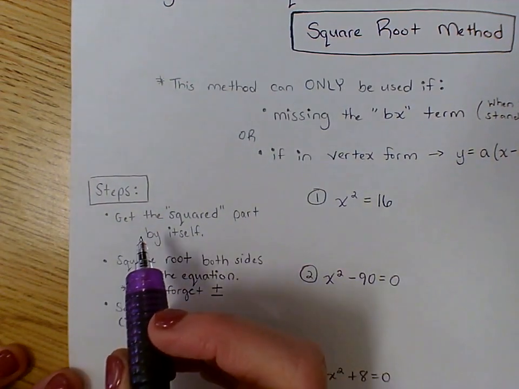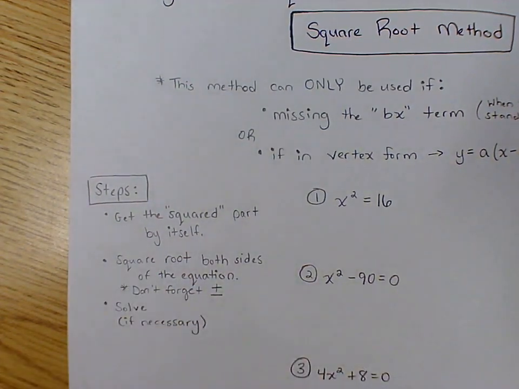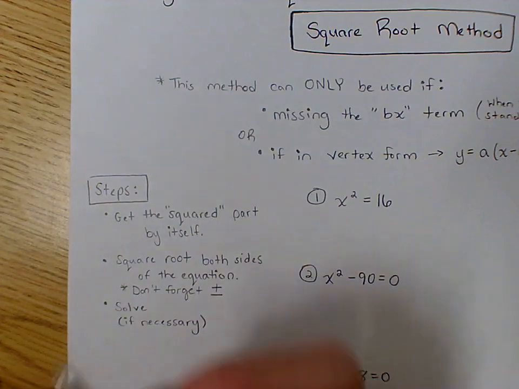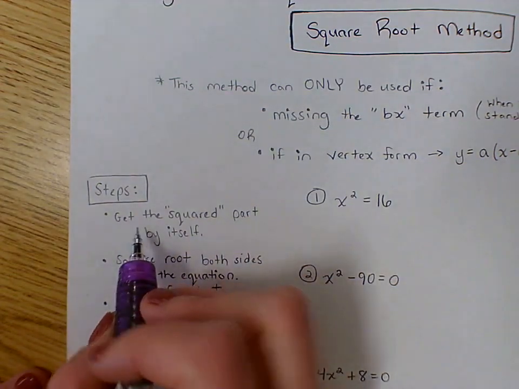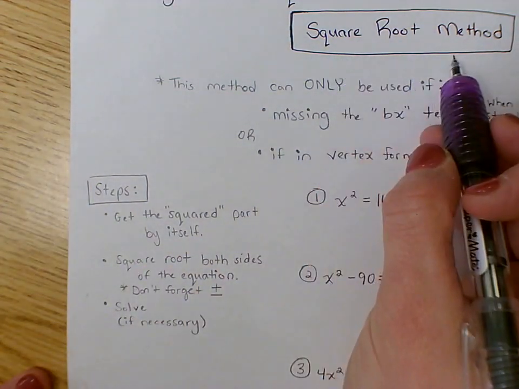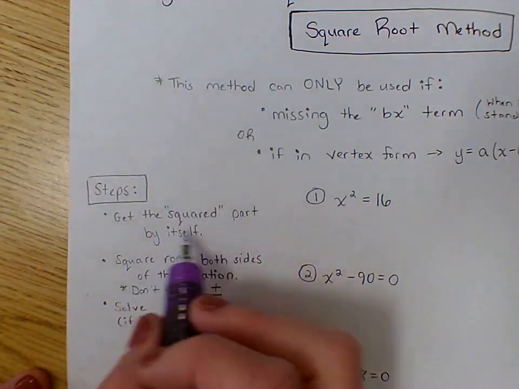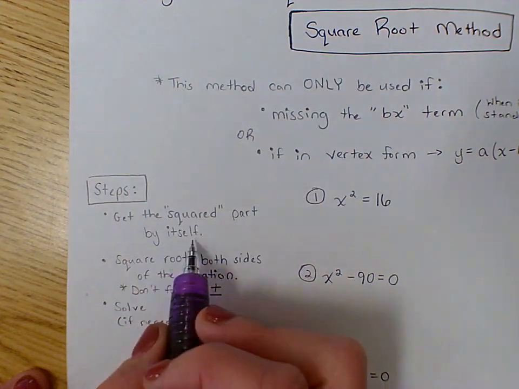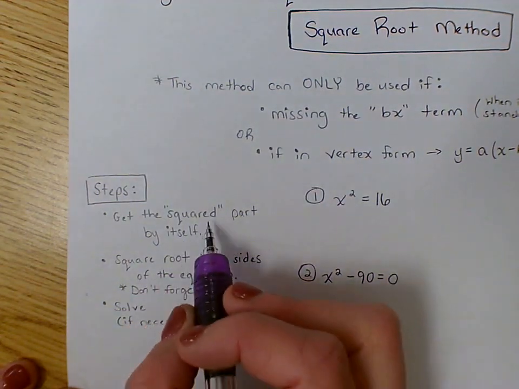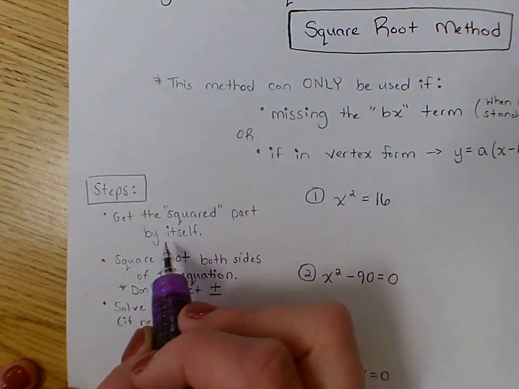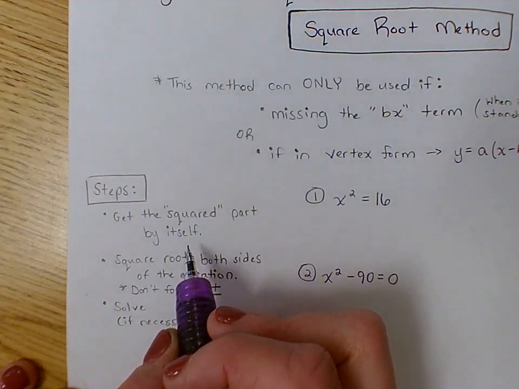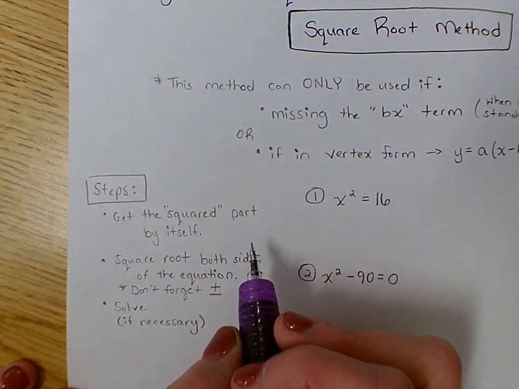So just to run through the steps so you know what they say, the first thing that you're going to do to solve it using this method is you have to get whatever the squared part is by itself first, okay? So whatever's being squared, you've got to get by itself, so everything else in the equation has to be on the other side of the equals.